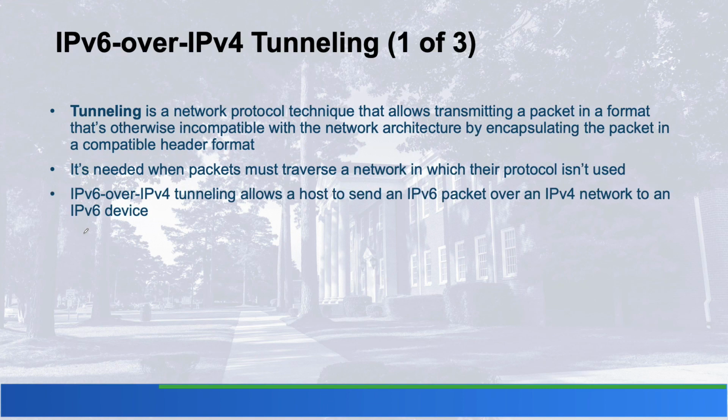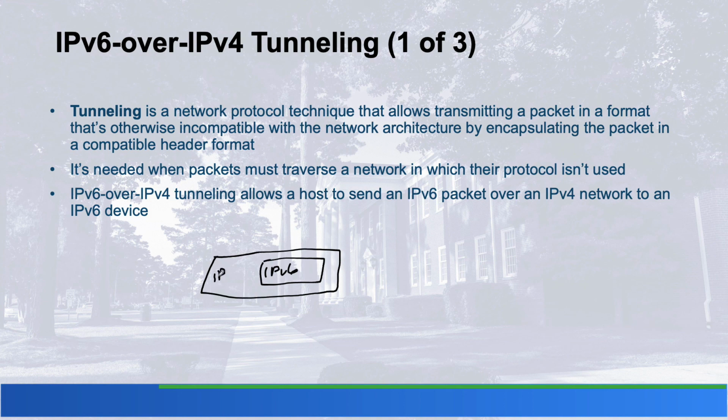So tunneling is a network protocol that allows transmitting a packet in a format that's otherwise incompatible with the network. Right? So this is IP version 6 over 4. So it takes an IP version 6 packet, it runs it through the OSI stack again, and then wraps that version 6 packet inside of a version 4 packet.